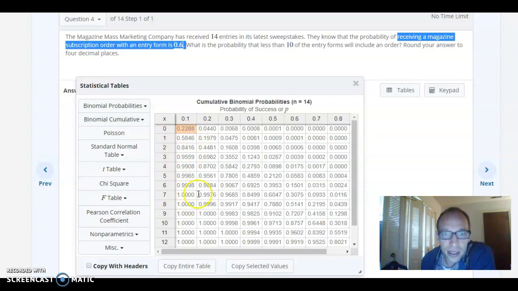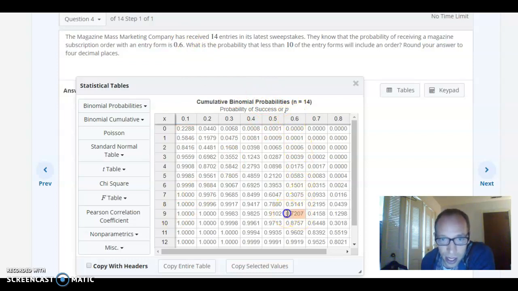And the probability of success here is 0.6. So we're grabbing that number here. The word cumulative means we're totaling up all the way between 0 and 9, so we don't have to do that manually. The table will do that. It tells us 72.07% of the time it's going to be 9 or less here.